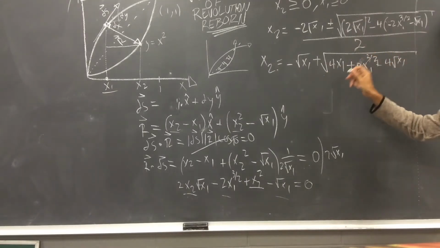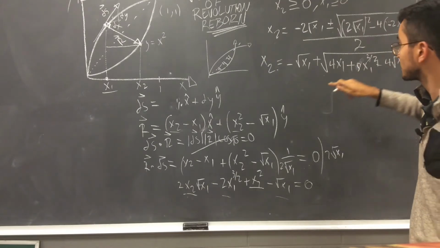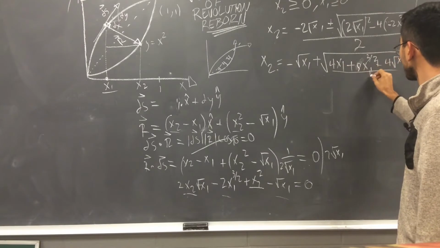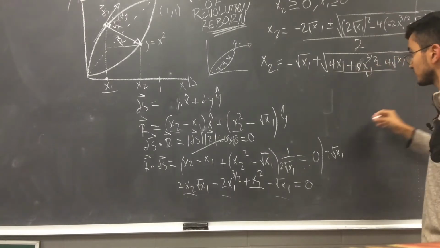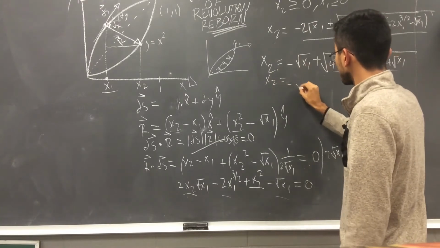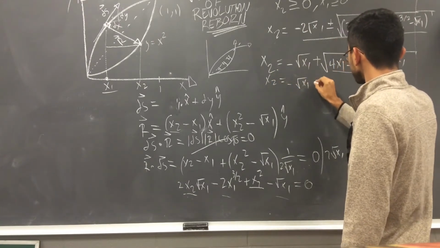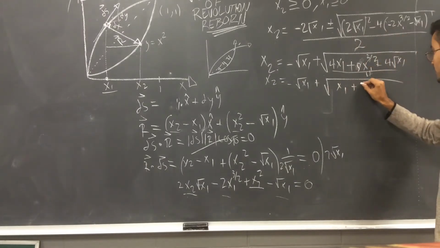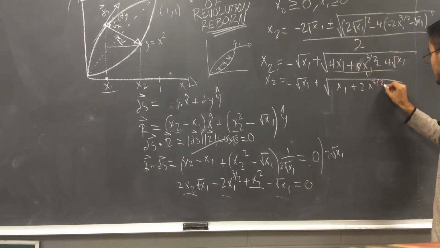Now, if we divide that by 2, it's basically the same thing as bringing that 2 inside of the radical as a 4. So we can divide all of that by 4 to make things a little bit more simplified. So we got x2 is equal to negative the square root of x1 plus the square root of x1 plus 2x1 to the 3 halves plus root x1.